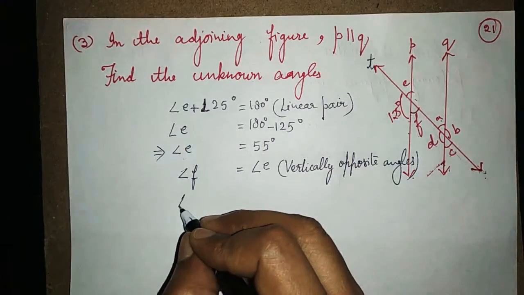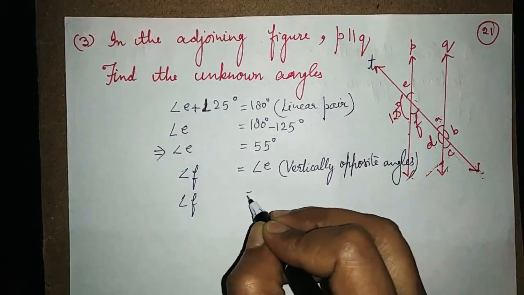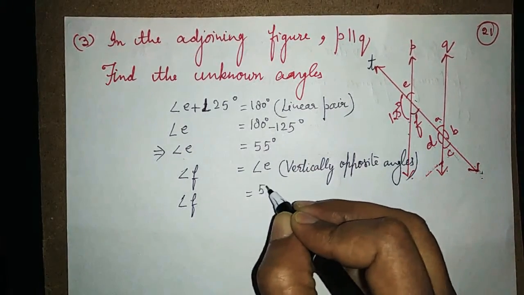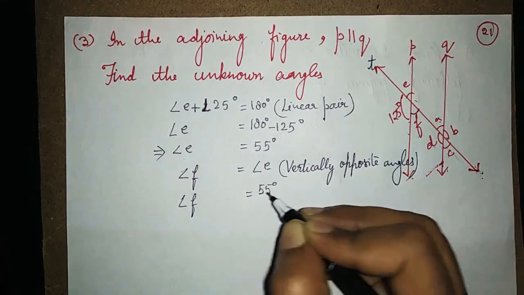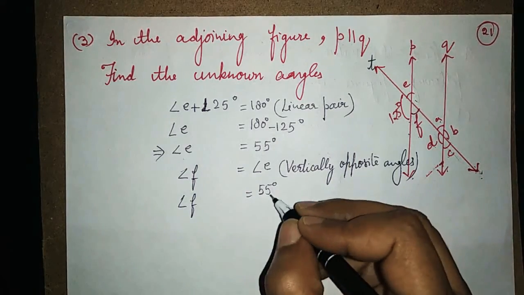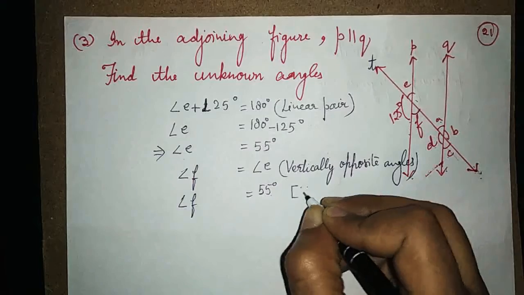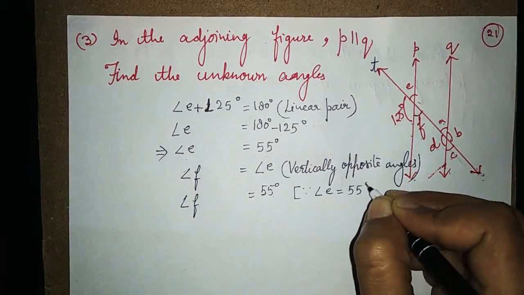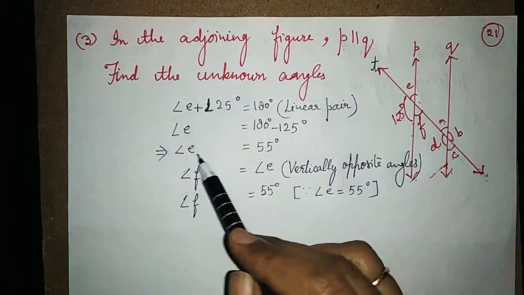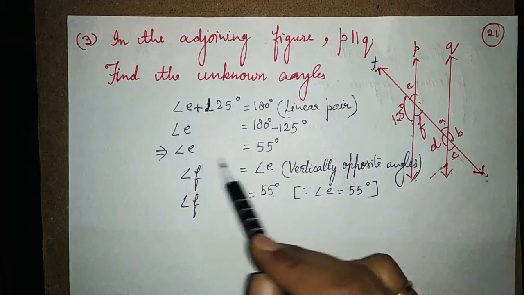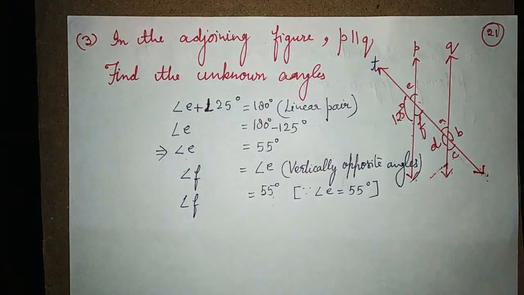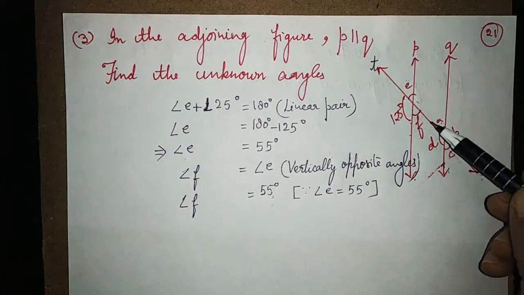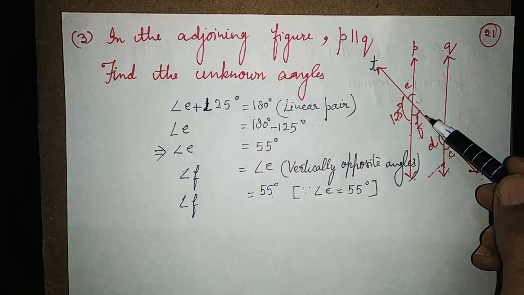And angle F is equal to 55 degree. Why 55 degree? Since angle E is equal to 55 degree. We have calculated angle E and this value we will put here.